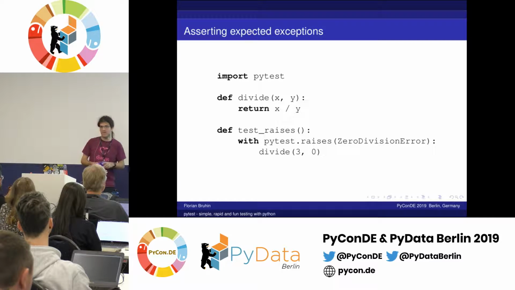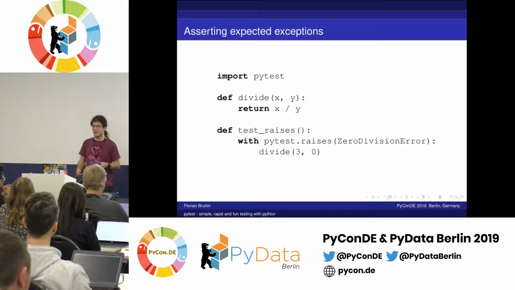Now, maybe if you're not used to this, you'd ask, well, how is that different from try except? And the difference is that code really needs to raise that exception. If it doesn't, your test will fail, because you say, hey, I want to test that it does raise the exception.